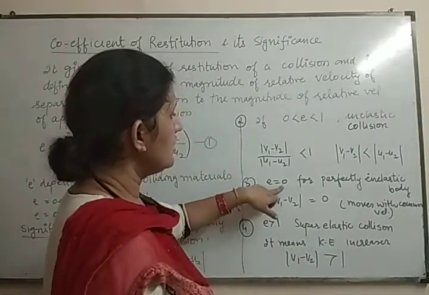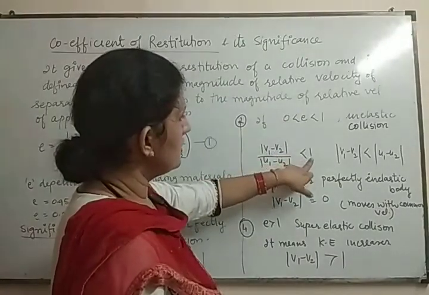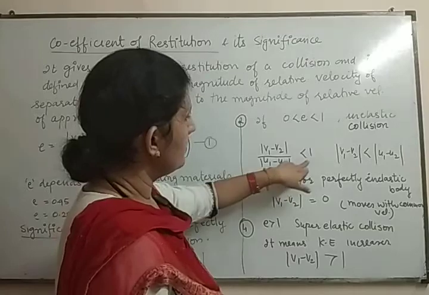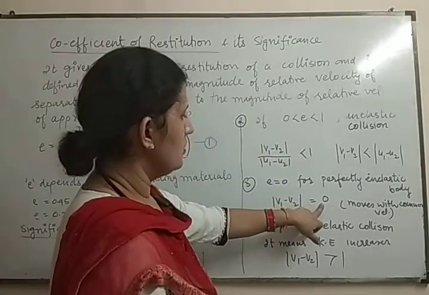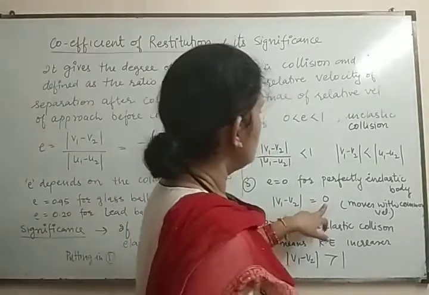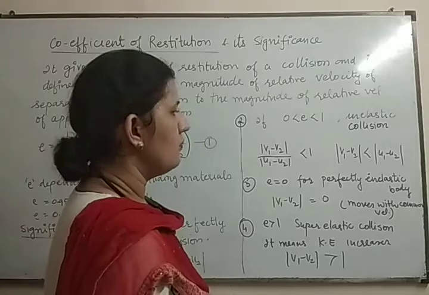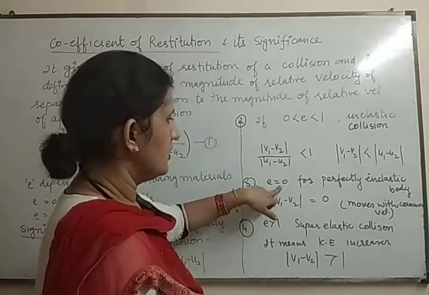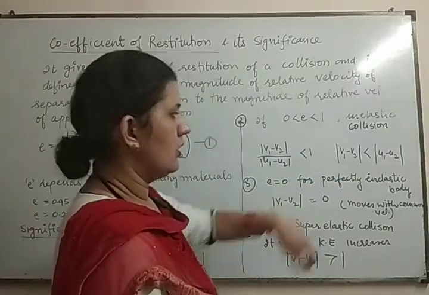Next, if e is equal to 0 and you put the value 0 here, this term becomes 0 and you have v1 minus v2 equal to 0. If v1 minus v2 equal to 0, it means both objects are moving with the same velocity, and this kind of collision is under the category of perfectly inelastic collision.